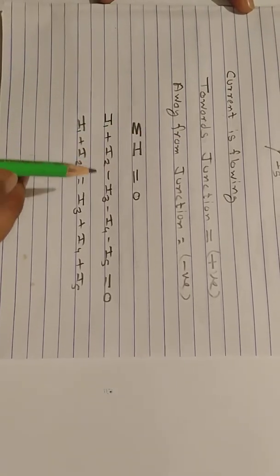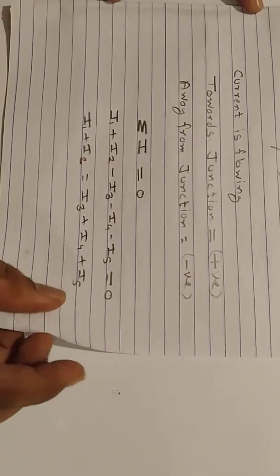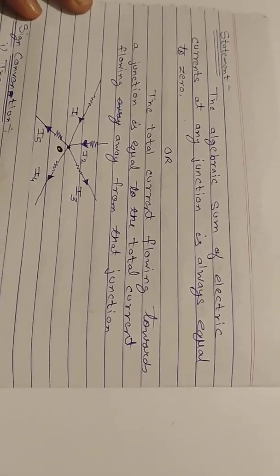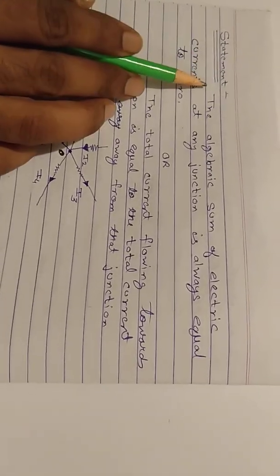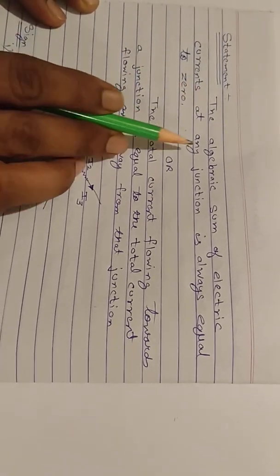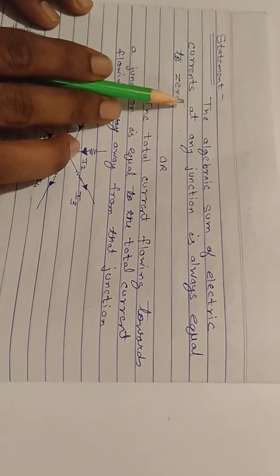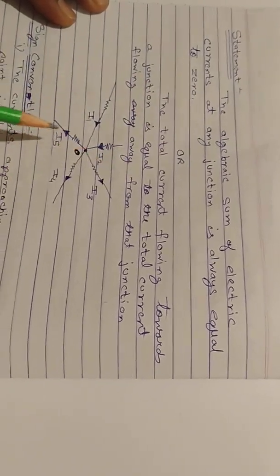This is the explanation. But students, you need to understand how to write the answer. So I have written the answer format. The statement I have mentioned here. There are two types of statement, two formats. You can write either this way or this way.